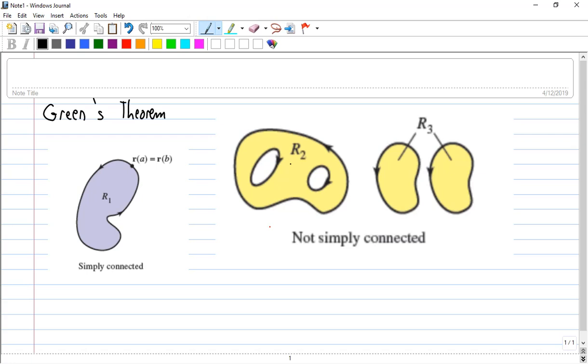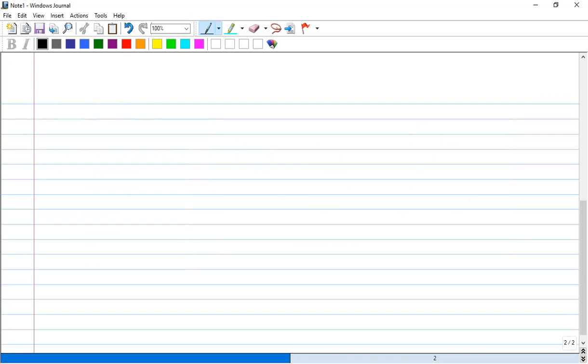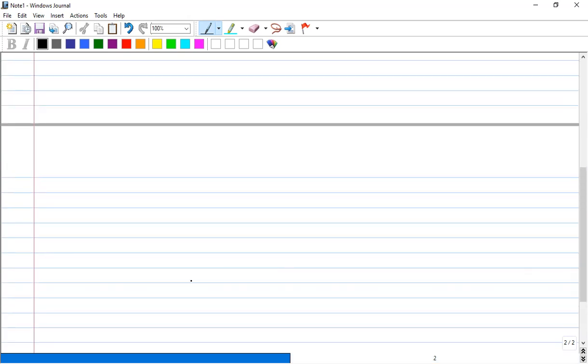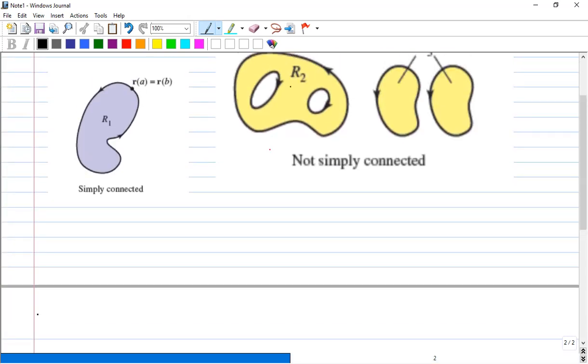Alright, so Green's theorem says, I've already told you what it means, but if we have R, some simply connected region, and it has a piecewise smooth curve C, so what am I talking about? Like the outside of this right here, this is a piecewise smooth curve. Maybe you can't describe it with just one path, but you could describe it with multiple paths.